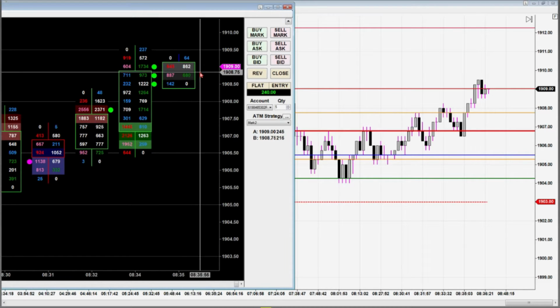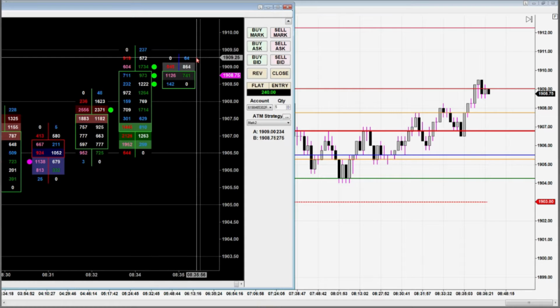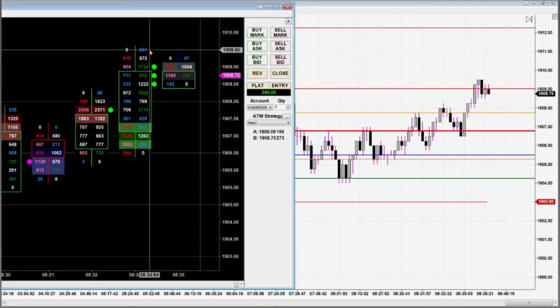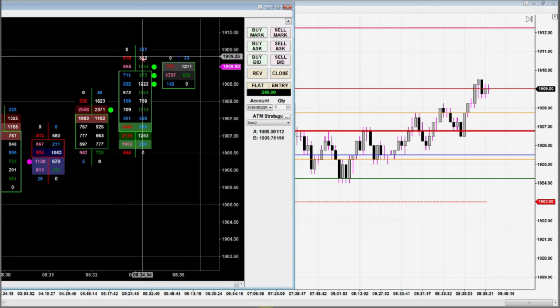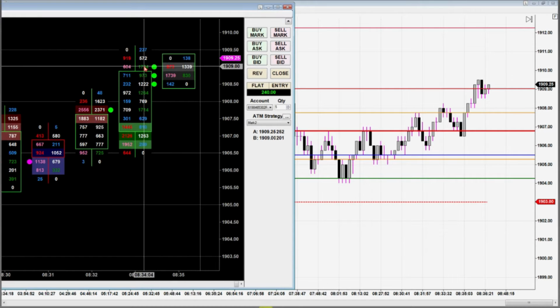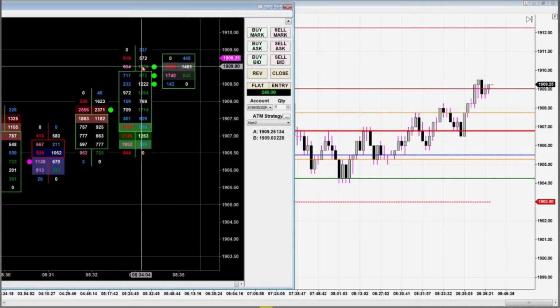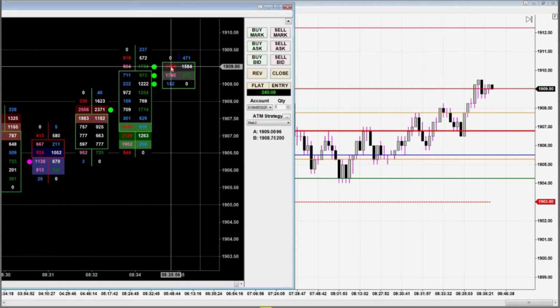I'd be looking for potential sellers to start stepping back in. And while we've got weakness at the offer up here at this level, remember this is the overnight low volume area. Still seeing some strength at the bid here. A little bit at the offer at 1734. I'm starting to see some strength come back into the bid.